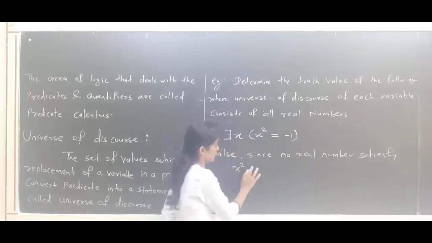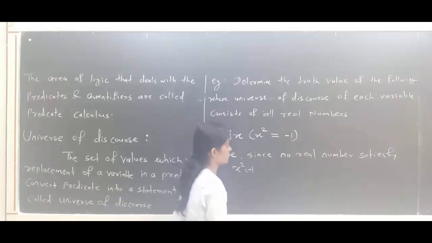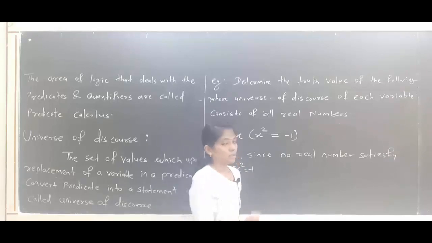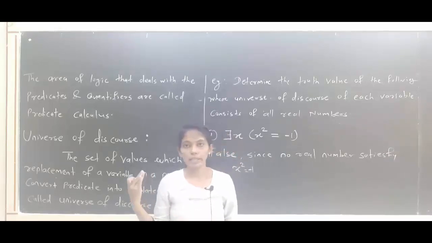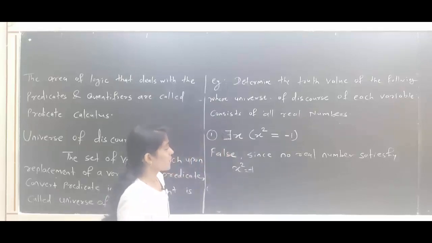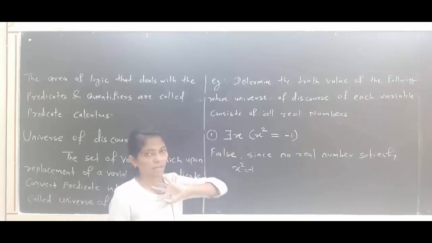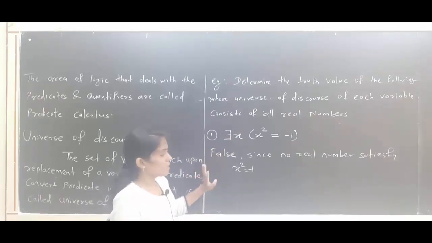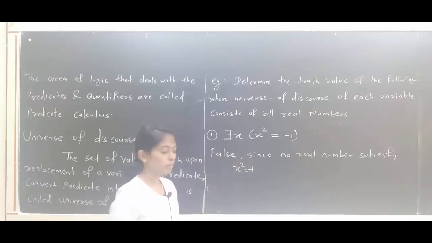Since square is always greater than 0, that is always positive. So this truth value of this quantifier is false, since no real number satisfy x square is equals to -1.